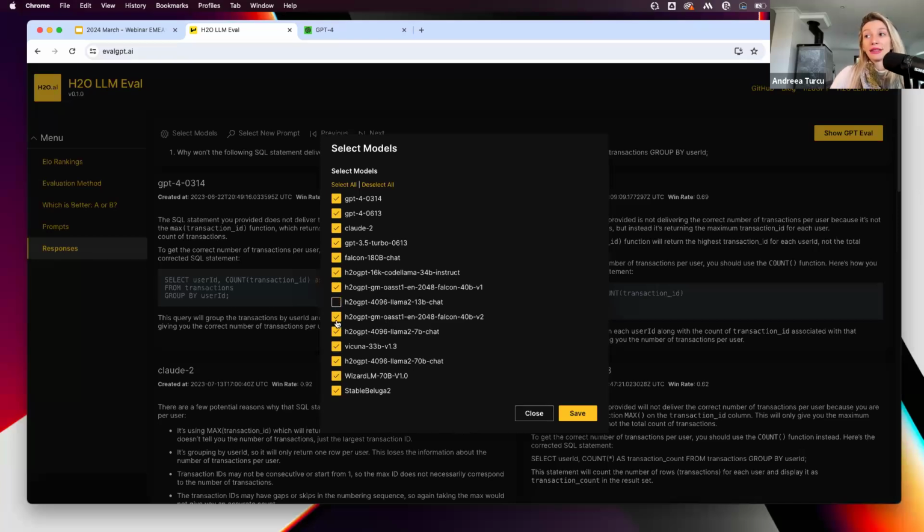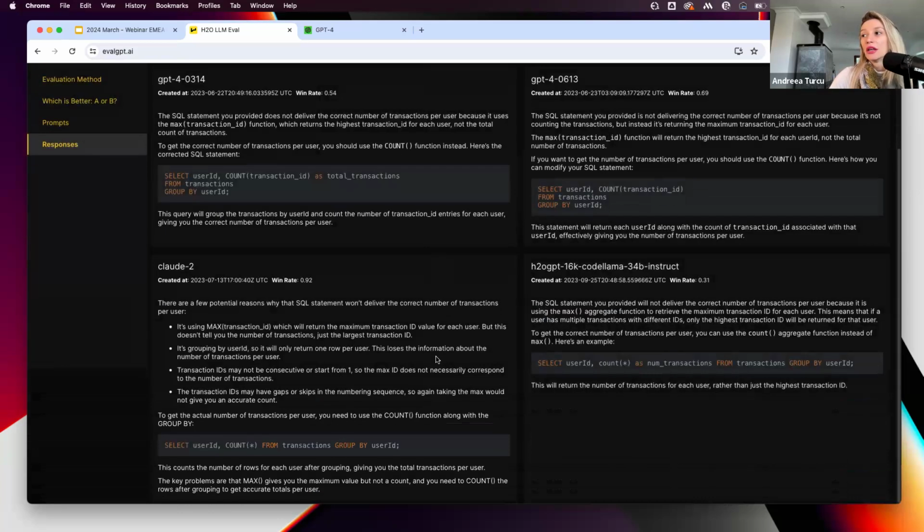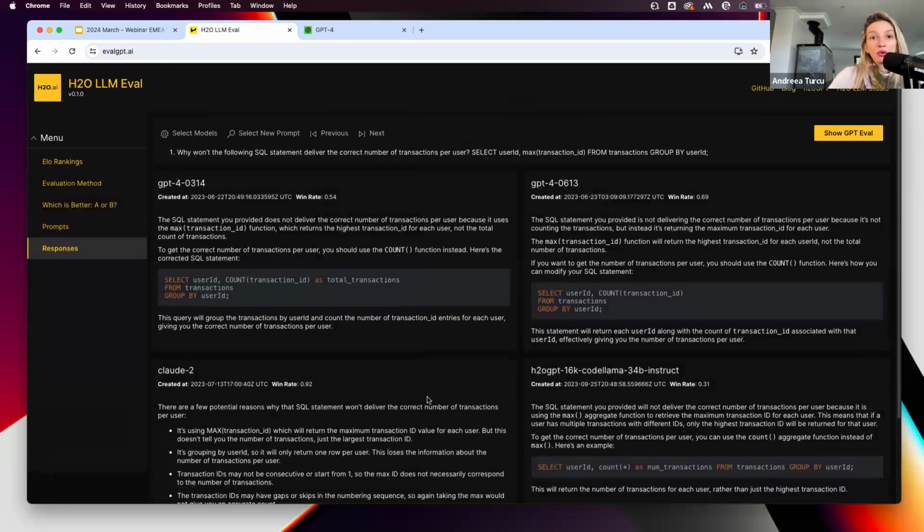And you can select, let's say, I'm not interested in these ones. Let's take them out. I'm going to untick them, and I'm just going to keep 4 of them and click on save. And now what happens is that the output is selected only on the winner models that, for my case, are going to work.